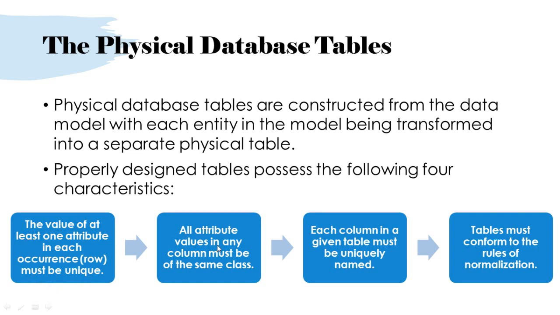And then all attribute values in any column must be of the same class, and then each column in a given table must be uniquely named. The names must be unique, different for each name. And then tables must conform to the rules of normalization.